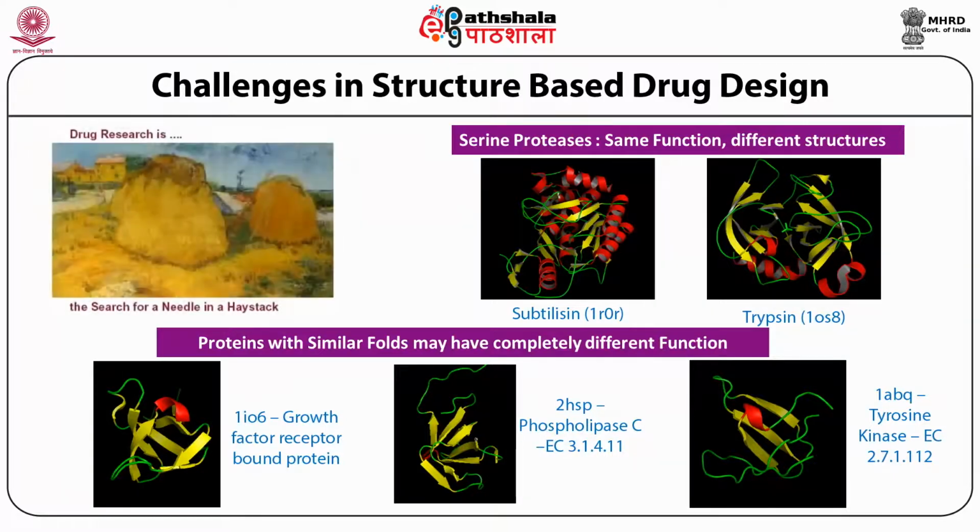The next challenge is what I addressed in my earlier module: chemistry-based designing actually becomes high throughput screening, and that also becomes problematic, because it is like searching for a needle in a haystack. Here I am summarizing most of the challenging problems for future scientists to take care of.